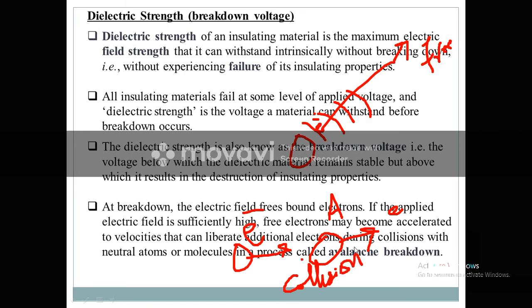So it will knock out the electron from this atom. This is the incident electron, and this is the knockout electron. We are left with A plus, because an electron has been ejected from this neutral atom. So in this statement, they are talking about the collision process.